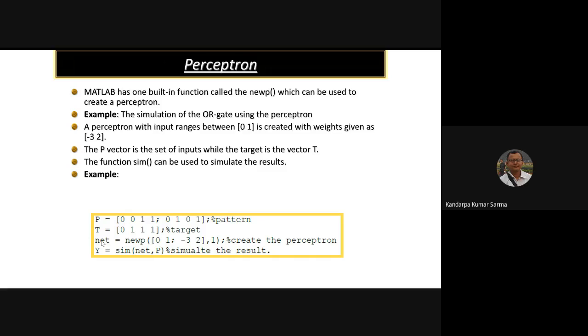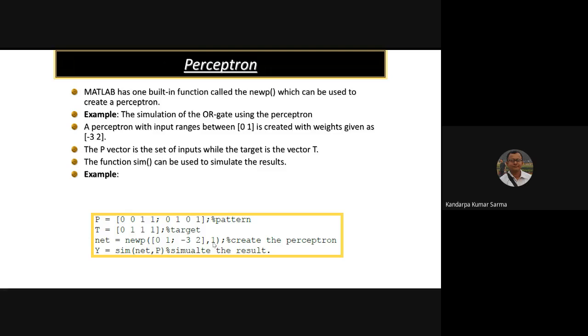Net will be the variable that will hold that structure, the perceptron generated by the built-in newp function that is supposed to deal with values between 0 and 1, with weights of -3 and 2, with an output response node of 1.